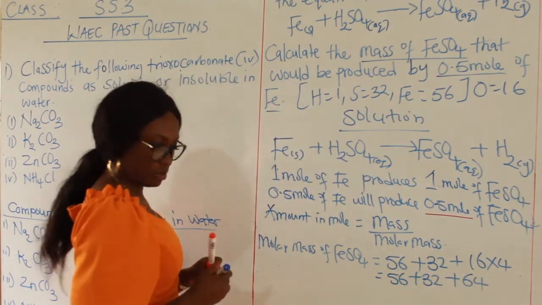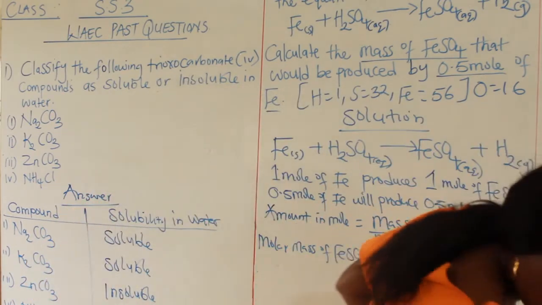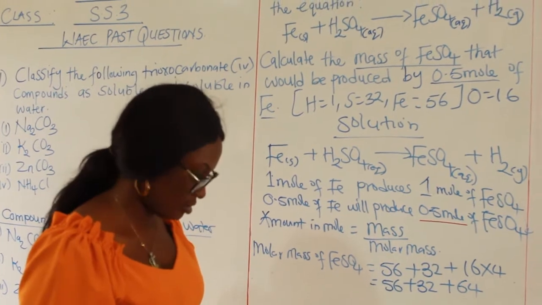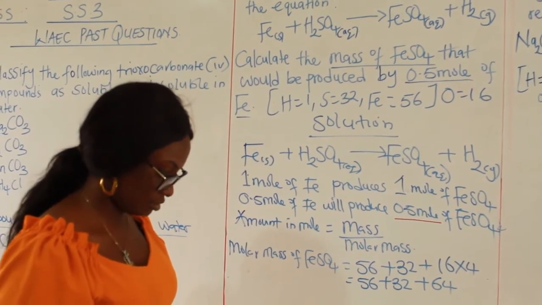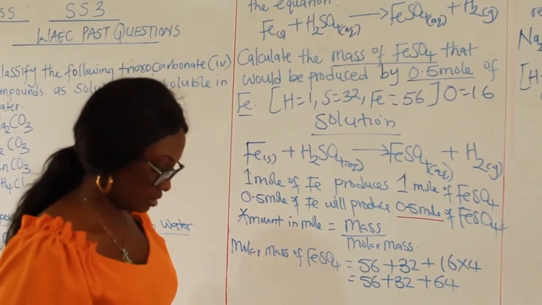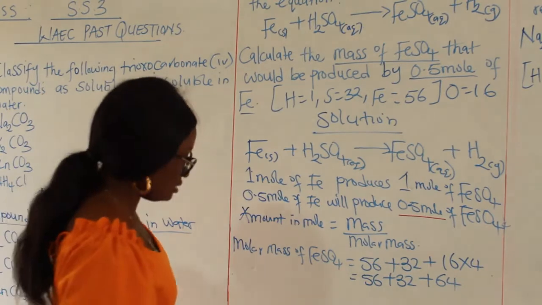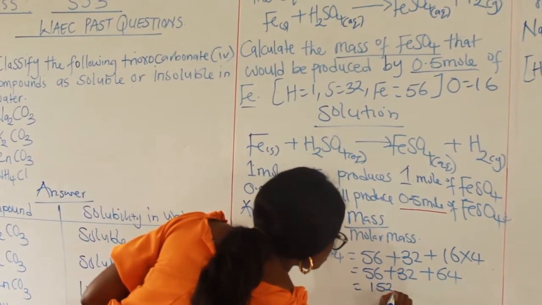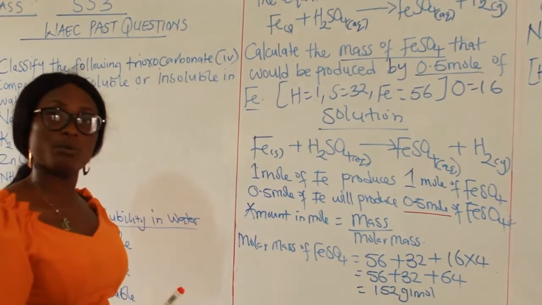Alright, so I'm going to add that together, get my calculator, 56 plus 32 plus 64, okay, so the answer is 152, so 152 gram per mole, because you know that's the unit for molar mass.